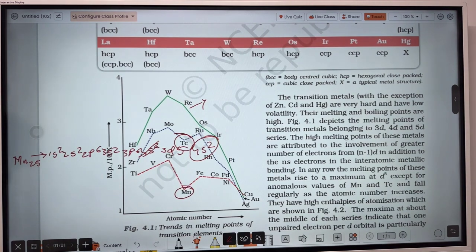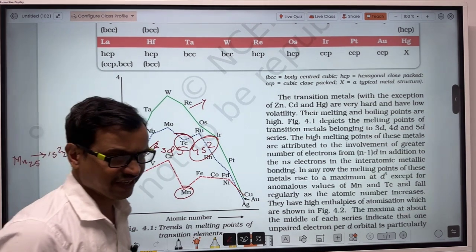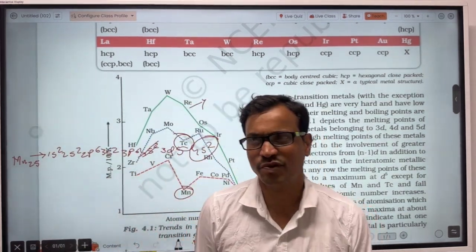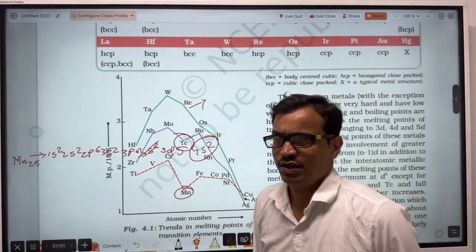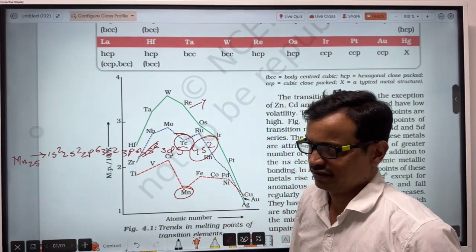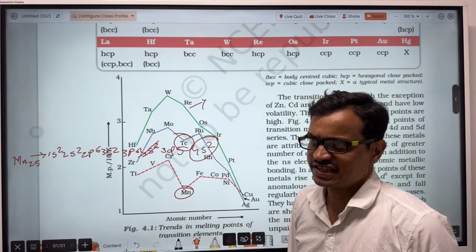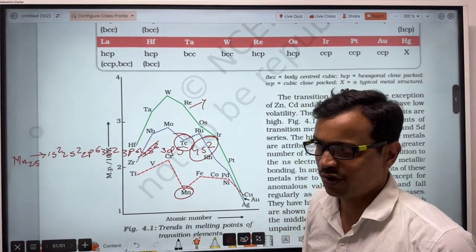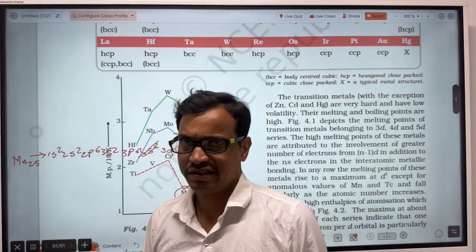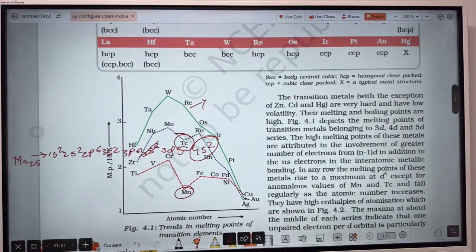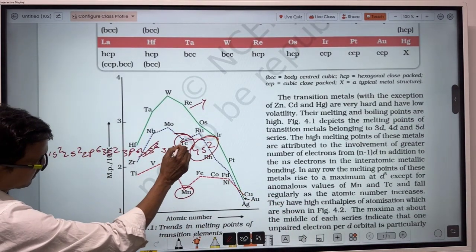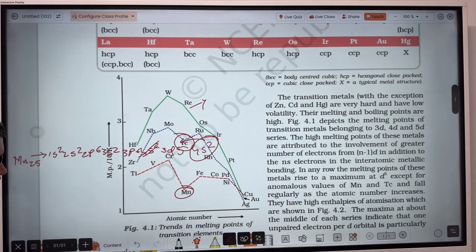In the case of manganese, after releasing two electrons from 4s, the d orbital will be half filled, which provides extra stability to manganese. So the participation of 3d electrons in metallic bond formation will be difficult.